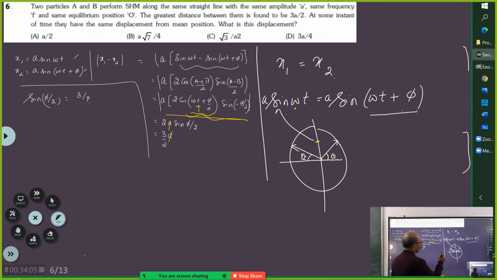Whatever it is, what will be the angle between these two? This angle will be pi minus theta, correct?